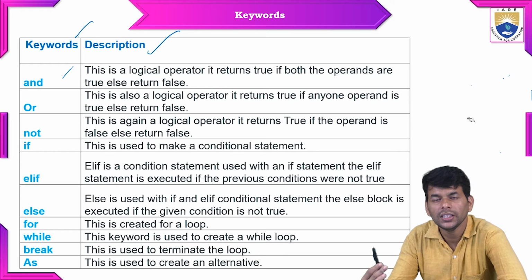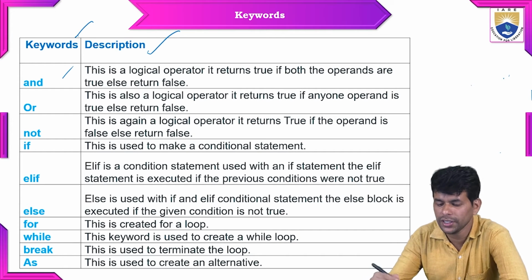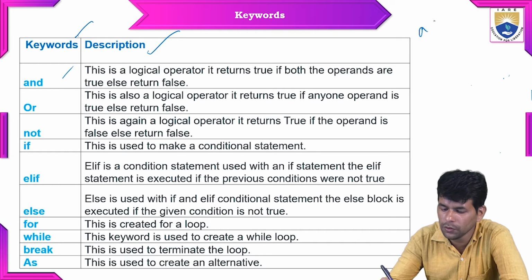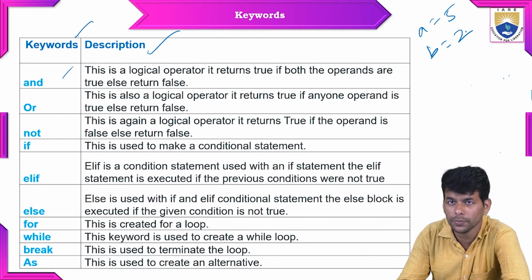The next one is the logical OR operator. Suppose, same thing: A equal to 5, B equal to 2. I will take the same program to explain this.